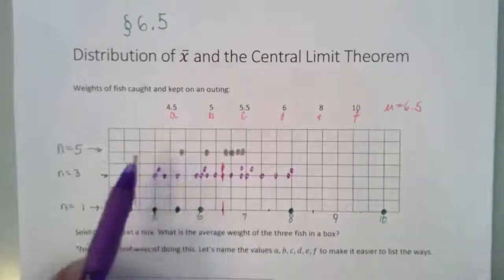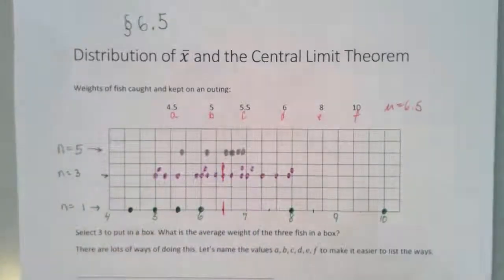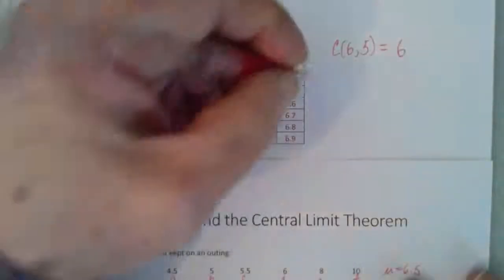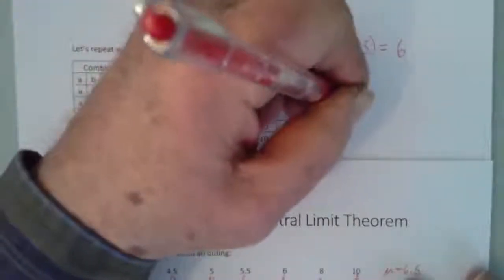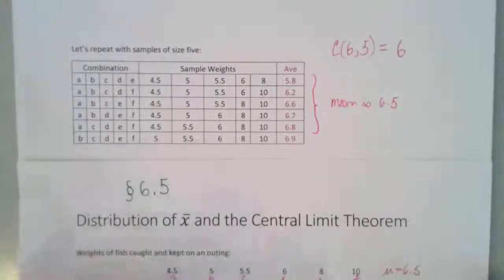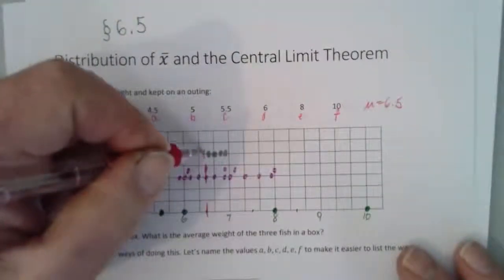This distribution is pulling in closer and closer towards the central tendency of the data, and it probably is not a surprise that if we were to compute the average of all of these numbers here, you get, once again, a value of 6.5, which on our dot plot would lie right here.